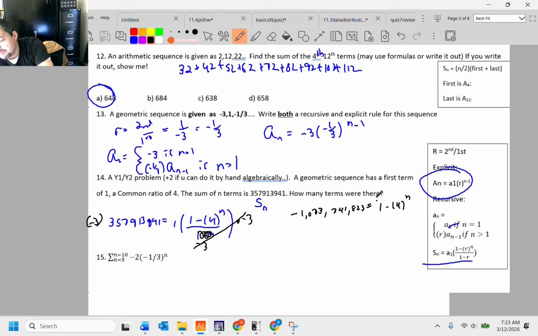We're going to take away 1, and then divide out the negative 1 as well. So first I'm going to take away 1. That's going to make that a 4, and I'm going to divide out the negativity, make it positive.